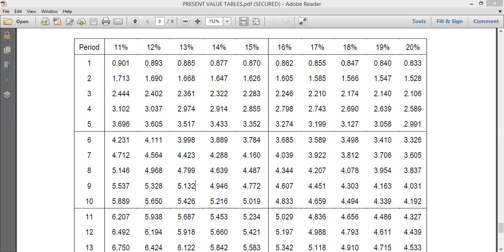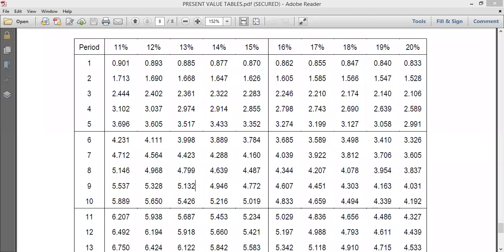So what should we do now? What was the formula that we were using? Can somebody tell in terms of the numbers? IRR equals? Can we put it like AO by AB?